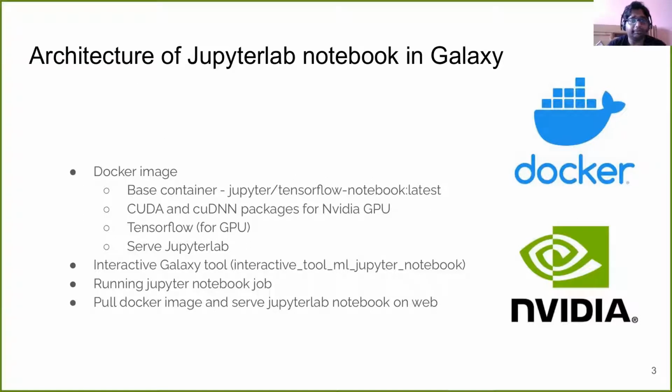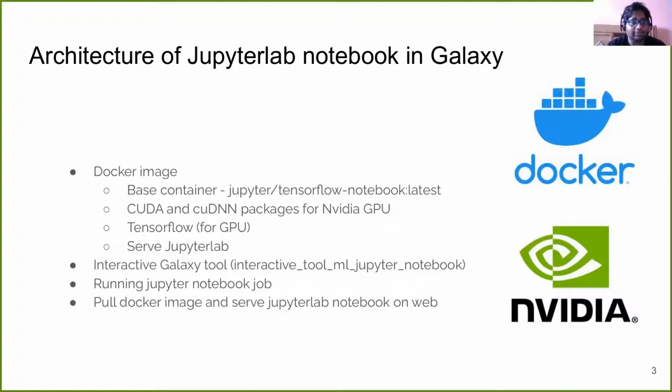And for using deep learning, we have installed the TensorFlow GPU package. If on the host machine there are GPUs installed, then the program written in TensorFlow will automatically run on GPUs.